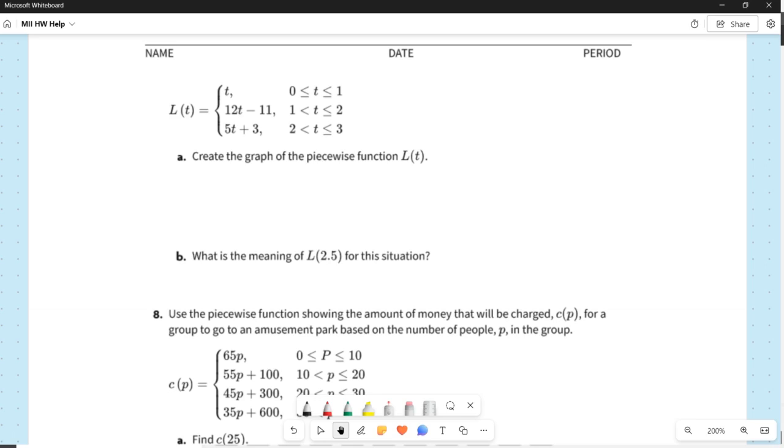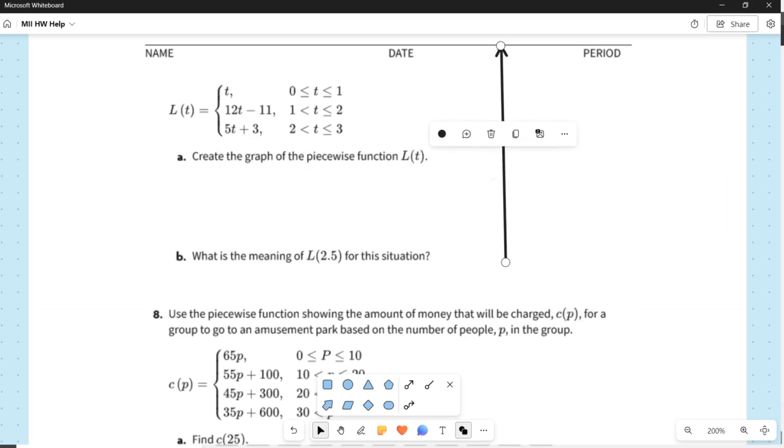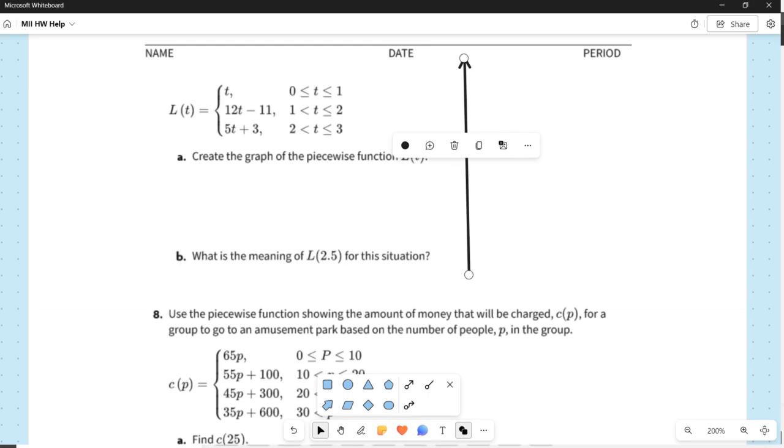Part A, create the graph of the piecewise function L of t. All right. Well, we're going to need to make a graph here. Normally they give us a graph. I don't really know why they didn't this time, or at least a coordinate plane, but it's all right. We've seen this now multiple times where in a lot of real world scenarios, again, not all, negative numbers don't really make sense.